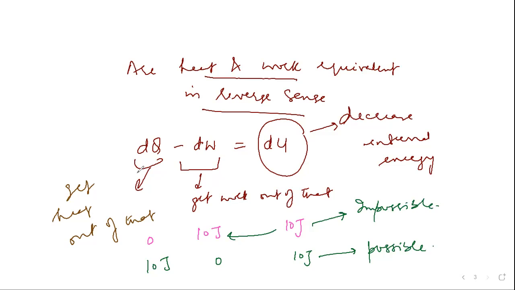When you do this, some other thing always happens in the surroundings. You cannot get this 10 joule and this 0. This is impossible. So heat and work are not equivalent in this sense.